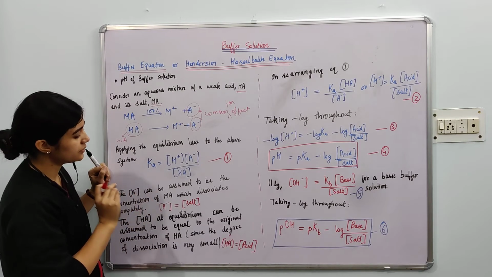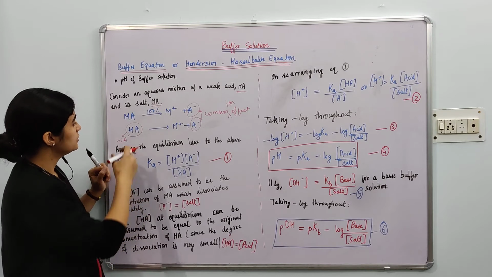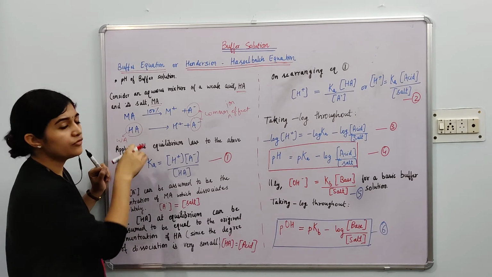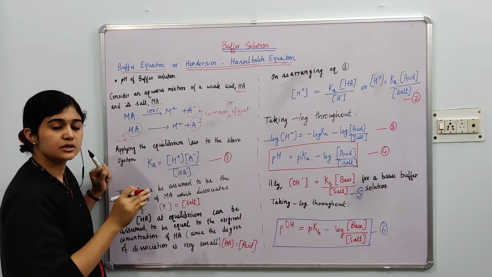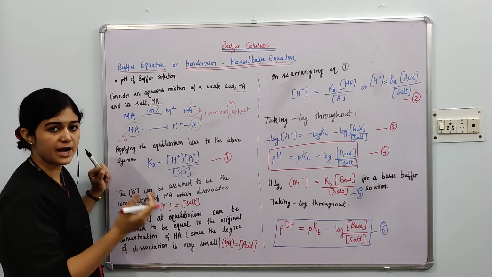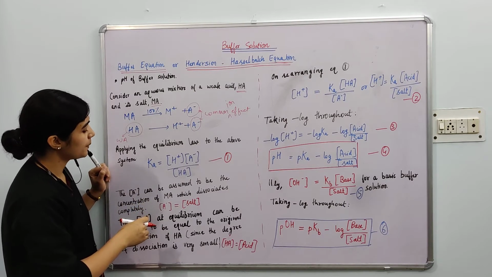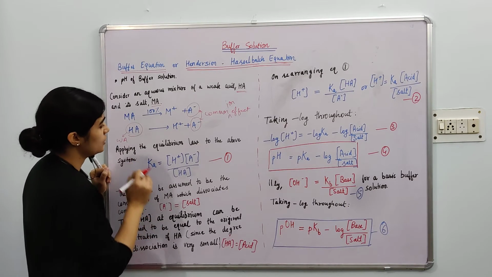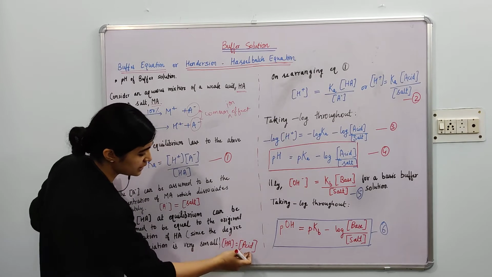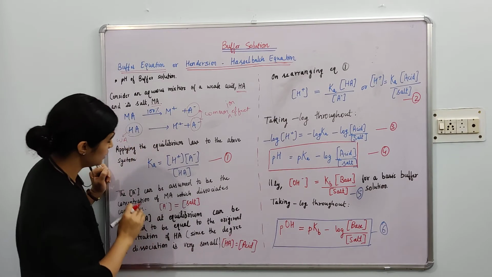So when the equilibrium is established, the amount of acid will be approximately equal to the amount of acid you added while preparing that buffer. So the concentration of HA can be written as the initial concentration of the acid you added.